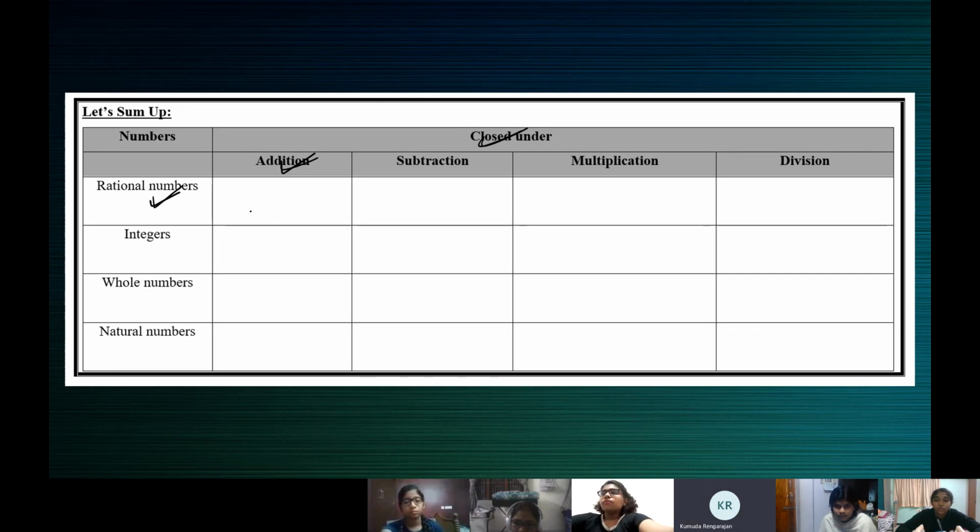Correct. When we add two rational numbers, the sum is also a rational number.